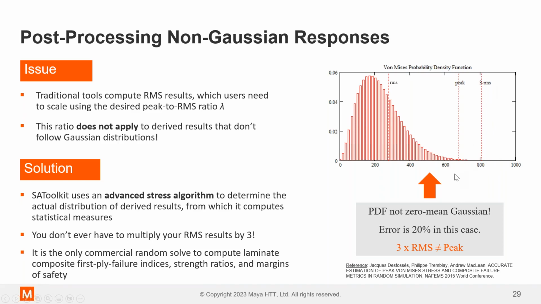But when we run our processor, which we have extensively checked with Monte Carlo simulations to guarantee the accuracy, in this instance, there's a 20% error. So if you had just multiplied by 3, your design is over-designed. Now, we've also seen cases, especially in some of the composites, where the actual peak is higher than the 3 RMS. So your design would be unconservative, which is probably the worst side that you could be on.